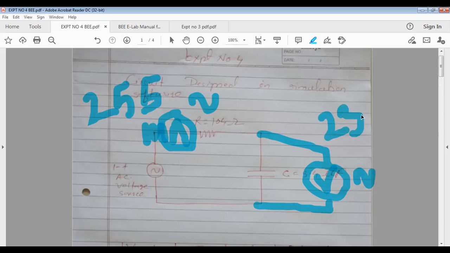displaying 238 volt. Okay. So 255 milliampere and 238 volt, are these values peak or RMS or instantaneous or average? Which value do they display? When we connect an AC type of voltmeter and ammeter in a circuit, whatever readings they display, is it RMS or peak?